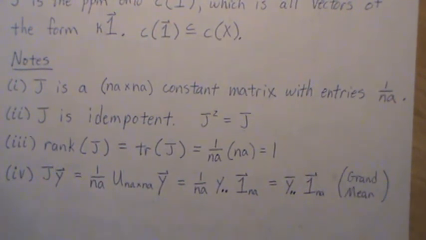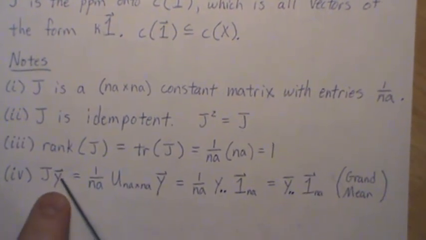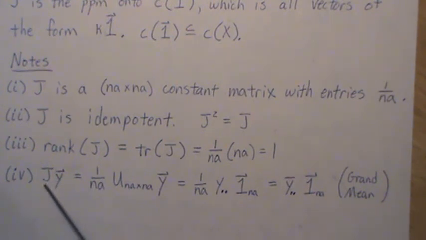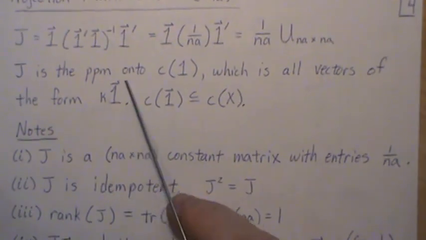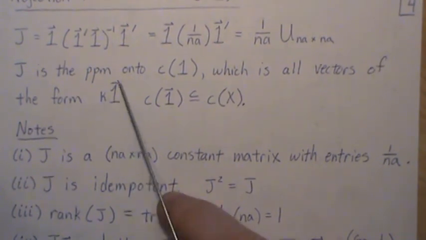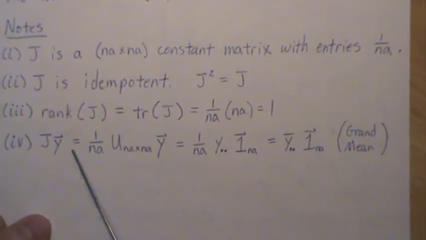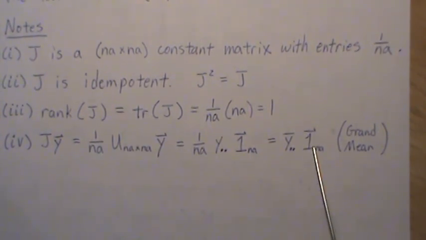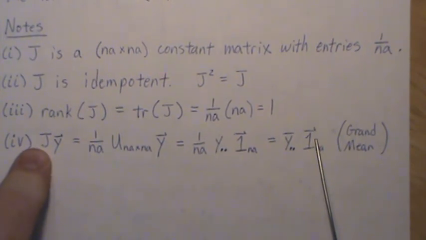One note though: I think of this Y as a dangling Y. It's out there in na-dimensional space somewhere. Now if we pre-multiply it by J, since J is a perpendicular projection matrix onto the column space of 1, it's going to shove this Y vector down into that column space. But the column space is of the form k times 1, so it has to be a constant vector. And that's what we're getting here. It's doing its job, basically.